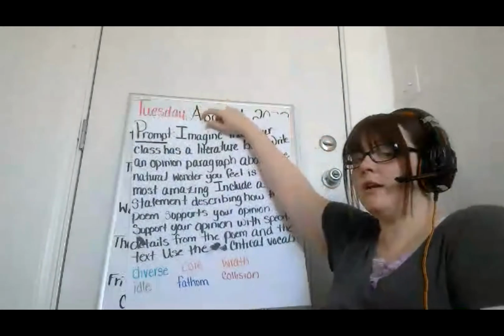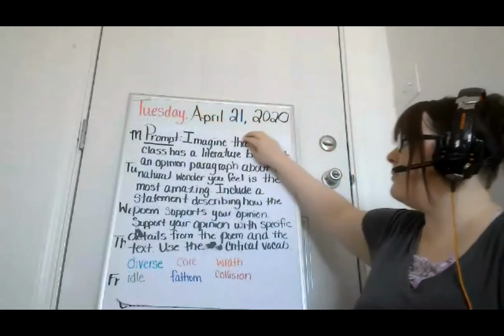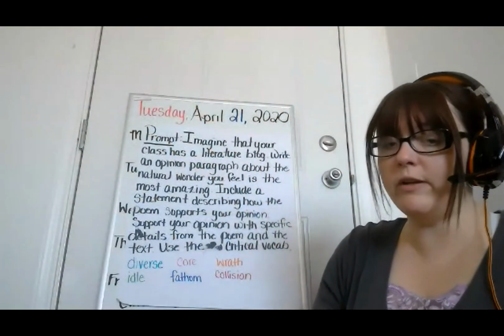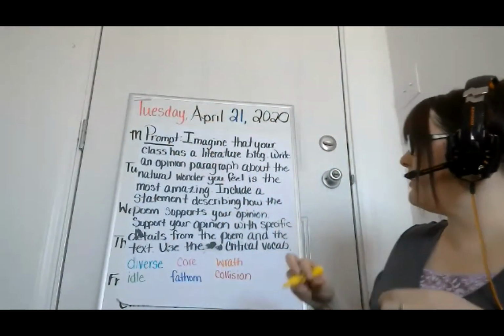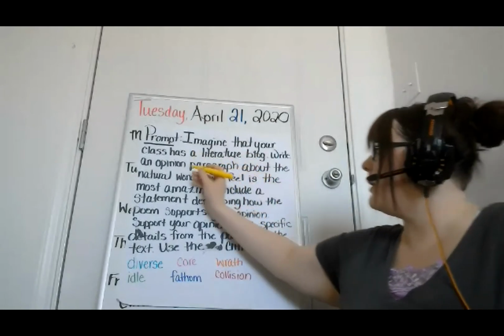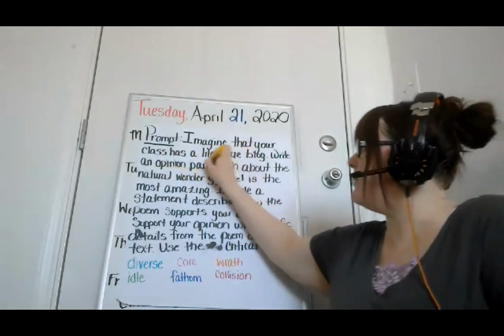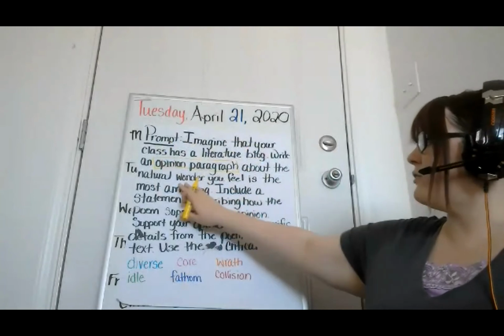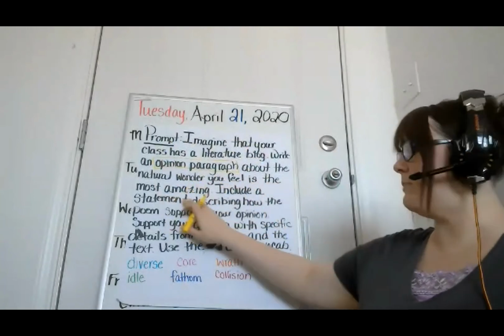Okay, so what we're going to talk about first is the prompt for this week. So when we're looking at our prompt, it's a little bit different than the last couple of weeks. This week, what we're going to be doing is we're going to imagine that your class has a literature blog, and we're going to write something called an opinion paragraph about the natural wonder that you feel is the most amazing.